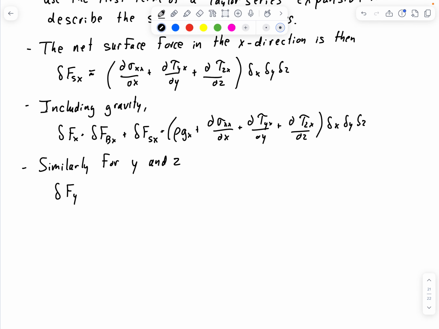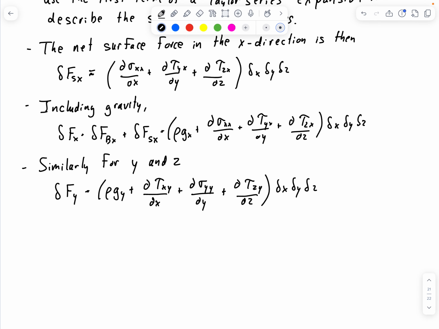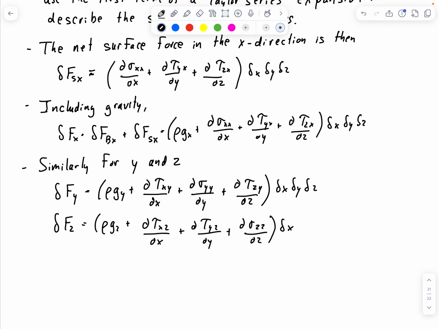So our differential net force in the y direction is going to be rho gy plus del tau xy by del x plus del sigma yy by del y plus del tau zy by del z, again multiplied by the volume delta x, delta y, delta z, and the differential net force in the z direction equal to rho gz plus del tau xz by del x plus del tau yz by del y plus del sigma zz by del z. And this is all, again, multiplied by delta x, delta y, delta z.